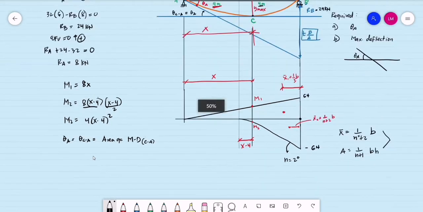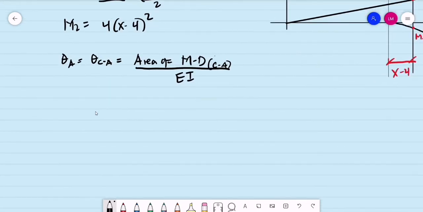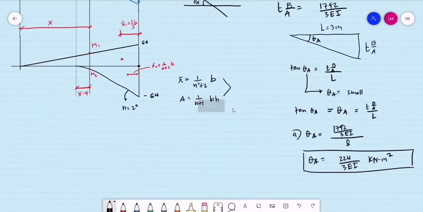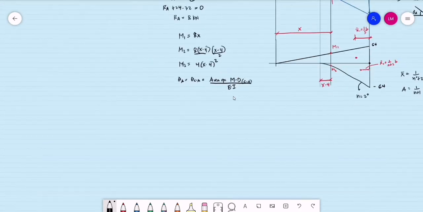So all we have to do is compute for the value of x. So this is divided by EI. A while ago, what is the rotation at A? The rotation at A is equal to 224 over 3EI.